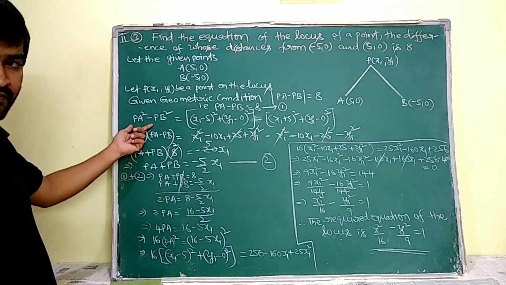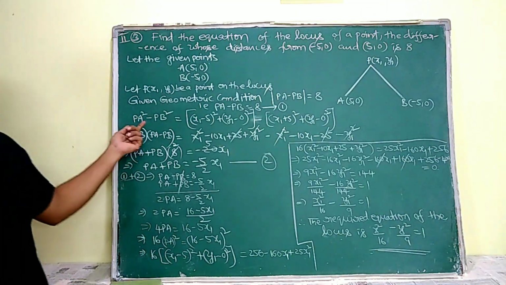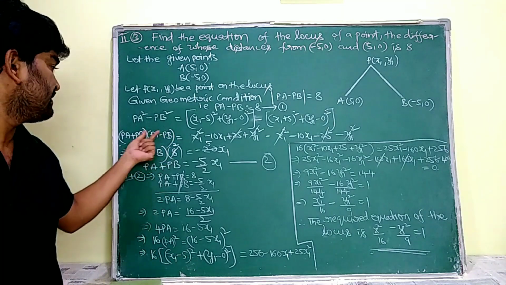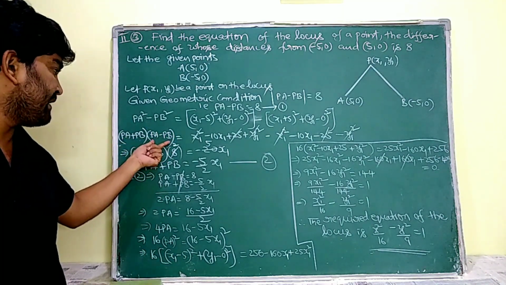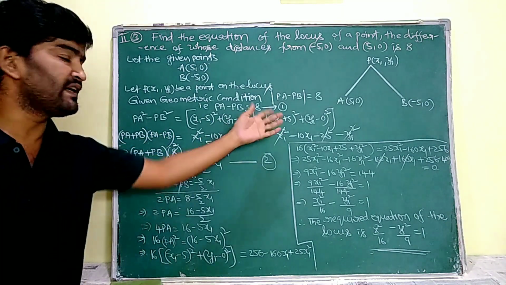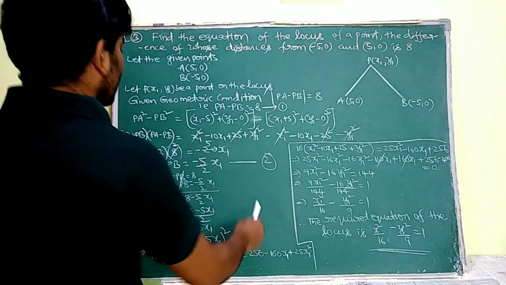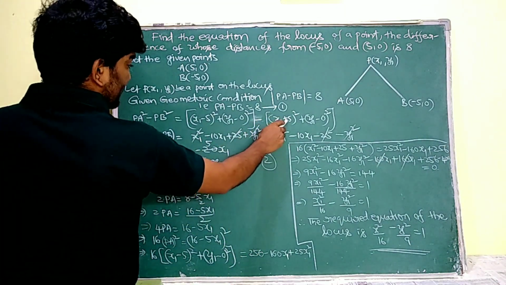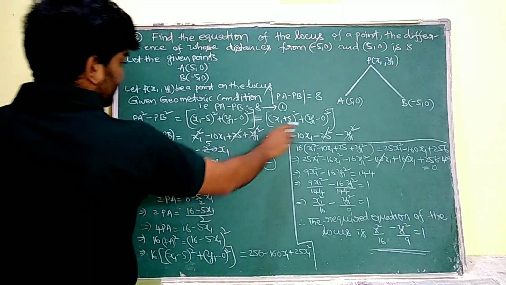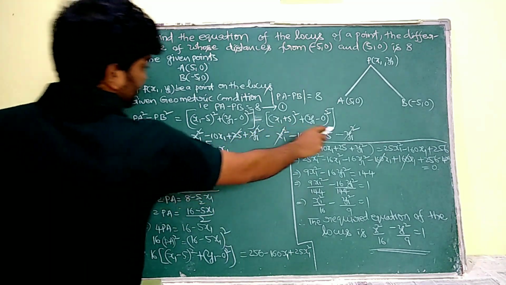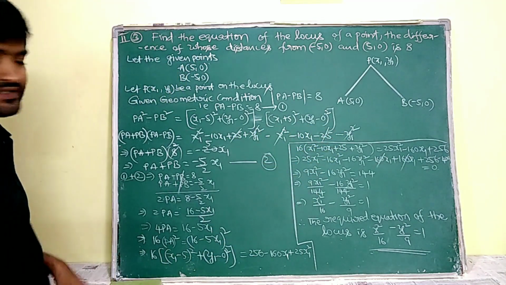We know PA square minus PB square is in the form of a square minus b square, so (PA + PB)(PA - PB) equals its simplified value. While simplifying, x1 square and minus x1 square, 25 and minus 25, y1 square and minus y1 square are cancelled.